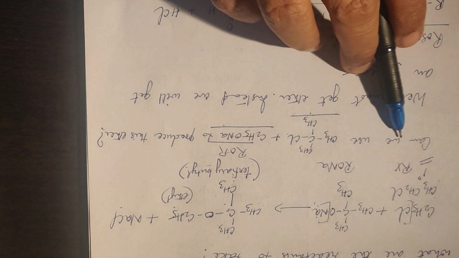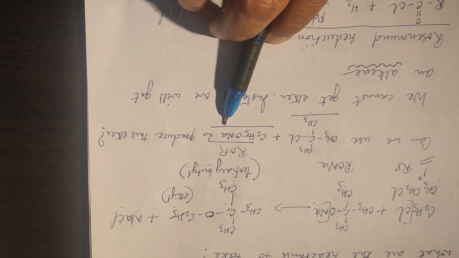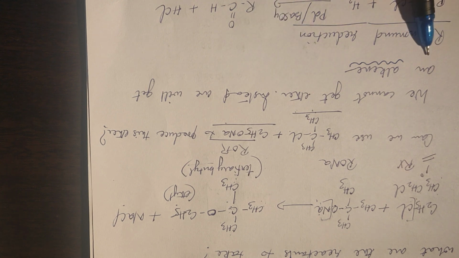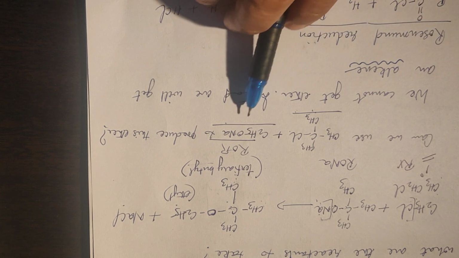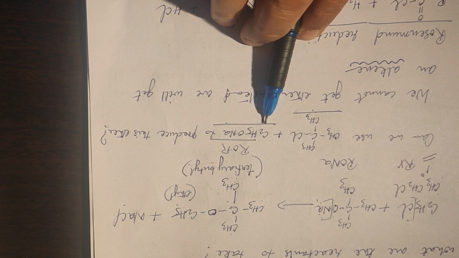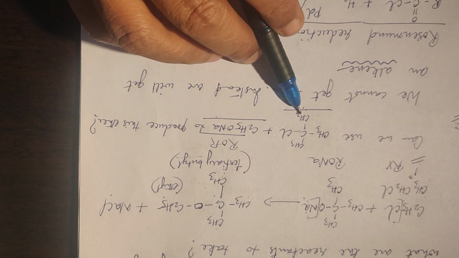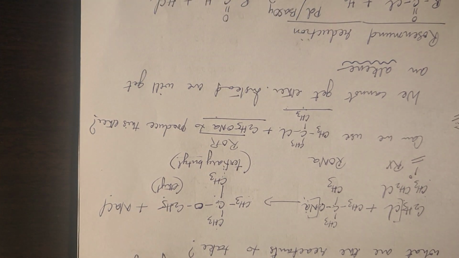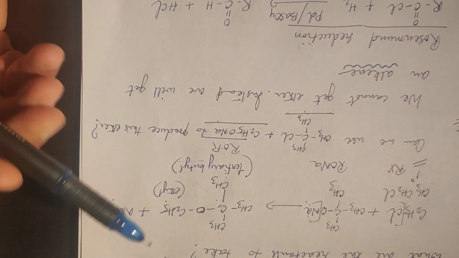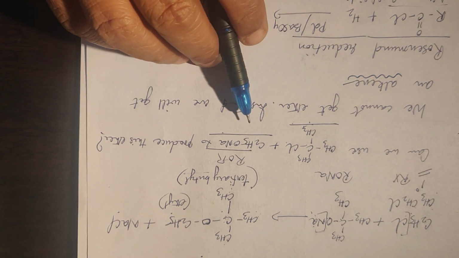So here the C2H5ONa will act as a base, that is, to take out a proton. So it will take out a proton from here. With the result, a double bond will be created between these two and you will get the corresponding alkene. You will not get ether.